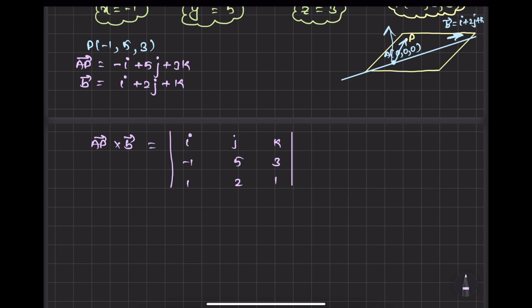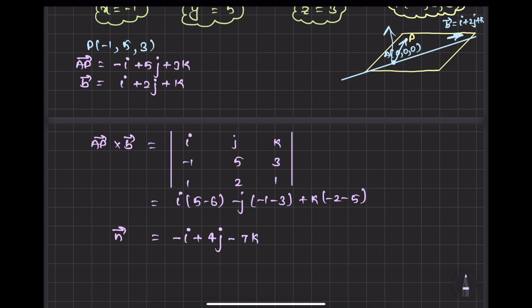Now we will go with the determinant. So i will become 5 minus 6. Then j will become minus 1 minus 3. k will become minus 2 minus 5. So it is minus i plus 4j minus 7k. So this is the normal vector to the plane containing point P.